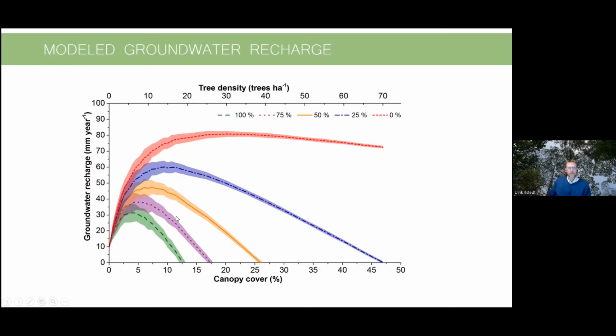We have done some tracing studies, and what we can conclude from those is that in reality it is of course somewhere in between those extremes. So we have something like this, most likely, going down to the groundwater. So the more trees we have, the more groundwater recharge we have, and then it decreases again.